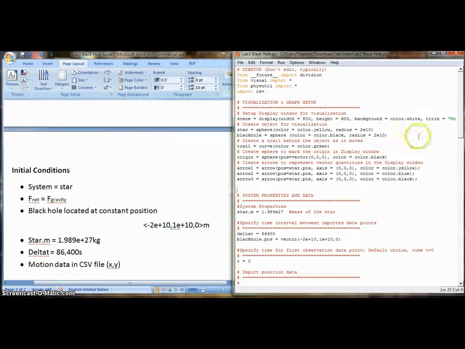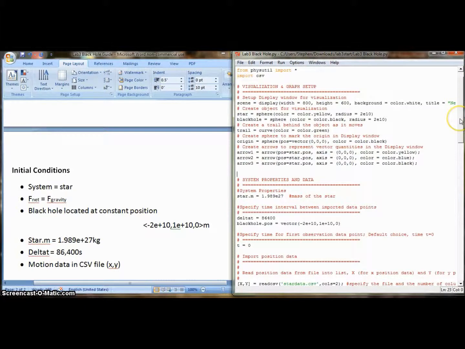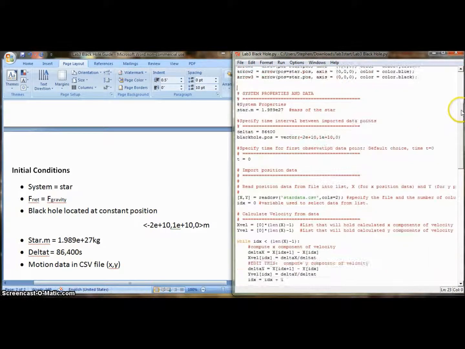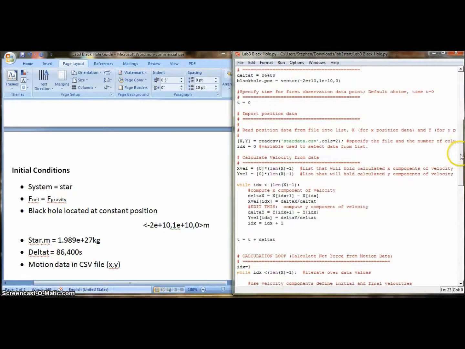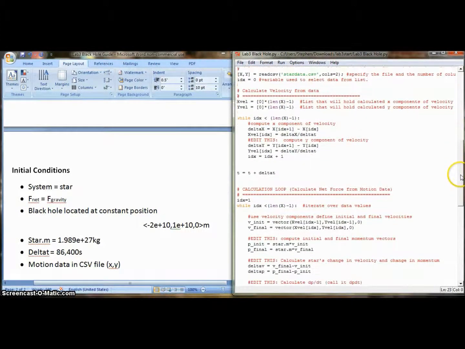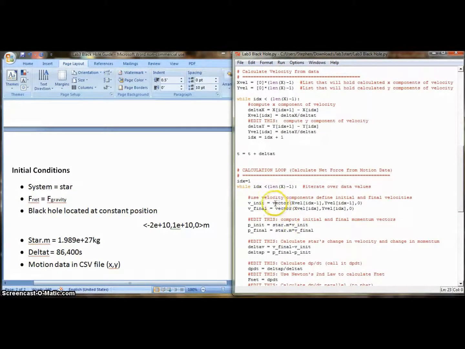Next, I input these initial conditions into Python, such as the star's mass, the black hole's position, and delta t. In the first calculation loop, I specified the y component of the velocity to be equal to the final position minus the initial position divided by delta t. Combining the x and y components of the velocity gives us the velocity vectors, both v initial and v final.